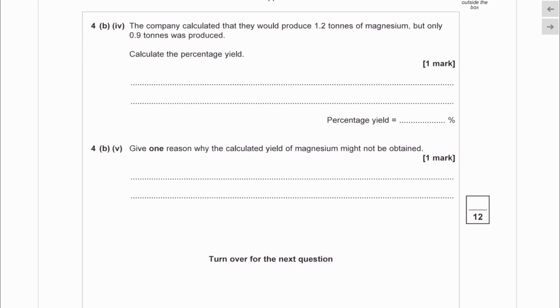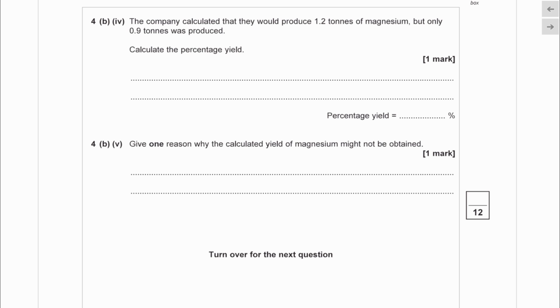Now we have B part 5. The company calculated that they would produce 1.2 tons of magnesium, but only 0.9 tons was produced. Calculate the percentage yield. Now, percentage yield is only a 1 mark question, so you literally just have to put the numbers in.